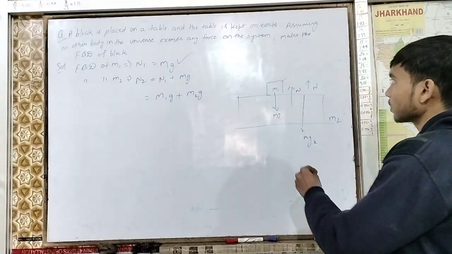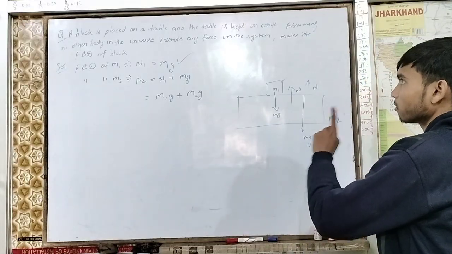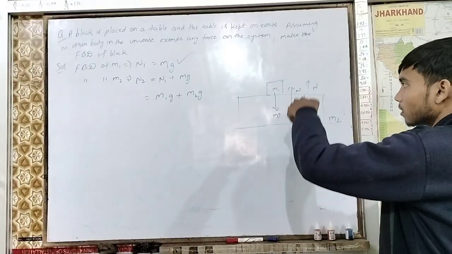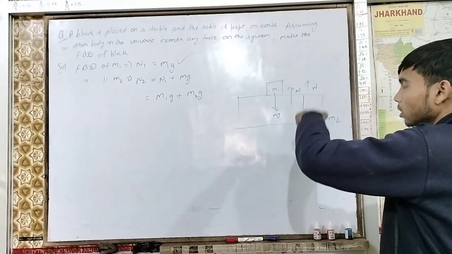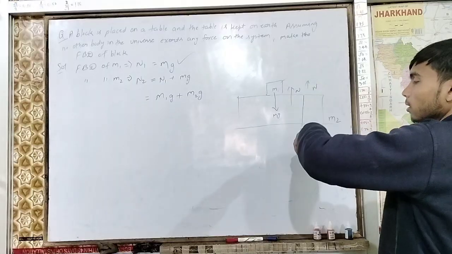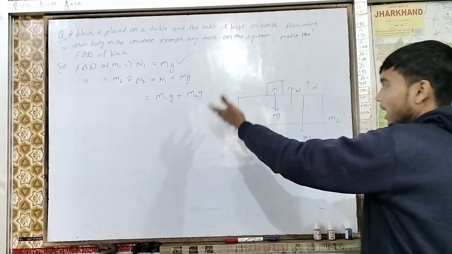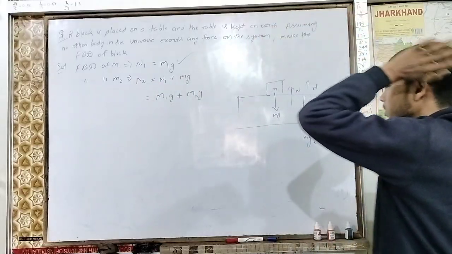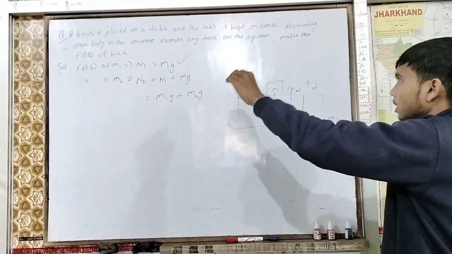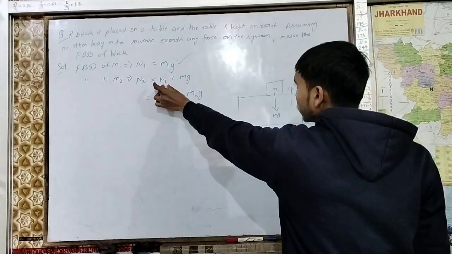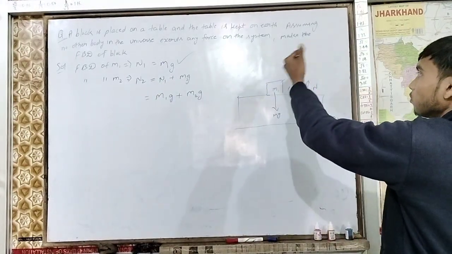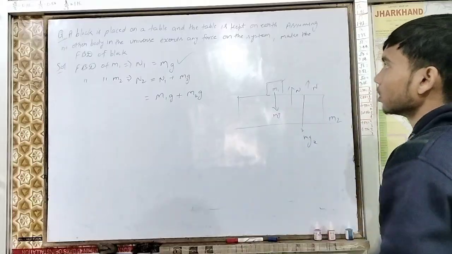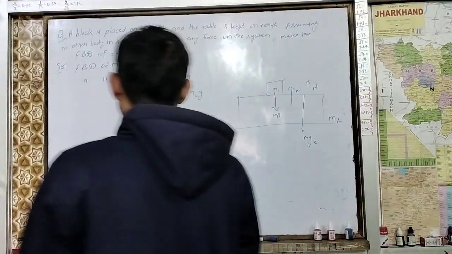Whatever force the m1 object was applying downward on the table, we add with this force. N2 will be equal to N1 plus m2g. This N1 is the force of the m1 object applying force downward.